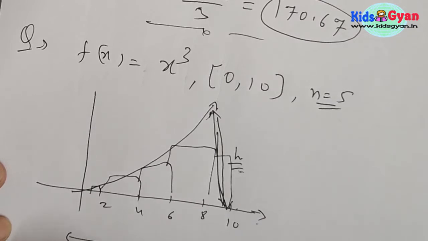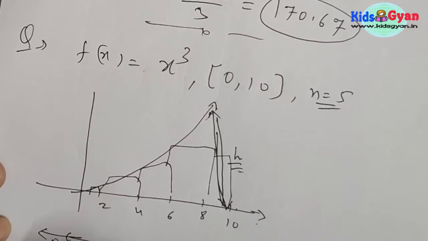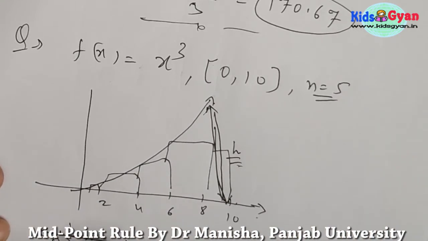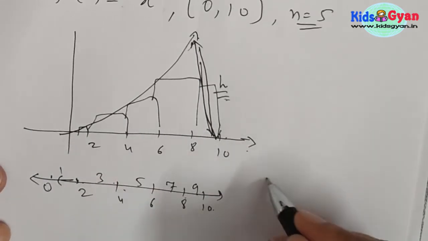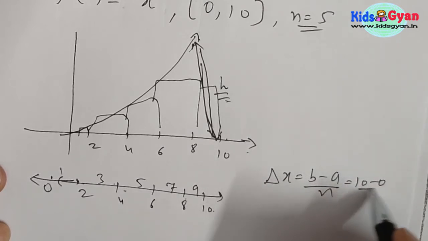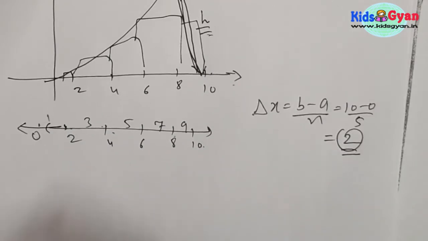So our line is 0, 2, 4, 6, 8, 10, and its midpoints are 0 to 2 is 1, 2 to 4 is 3, 4 to 6 is 5, 6 to 8 is 7, and 8 to 10 is 9. Now delta x is b minus a upon n, that is 10 minus 0 upon 5, that is 2. So delta x, the width, is 2.